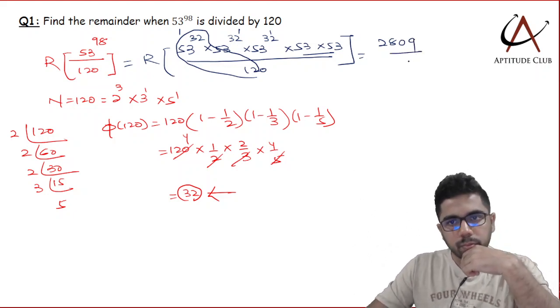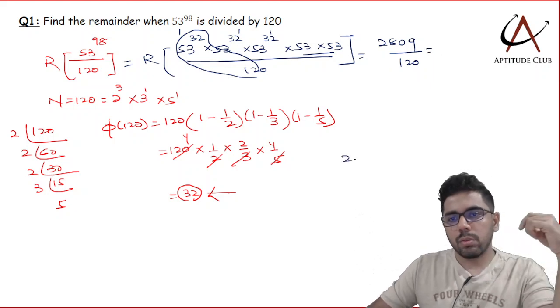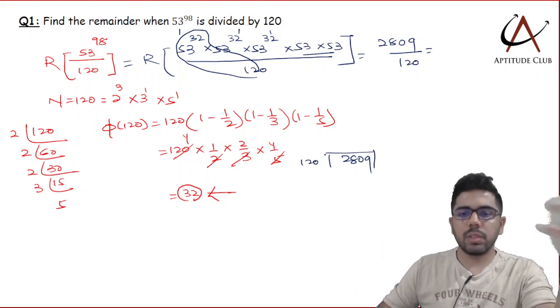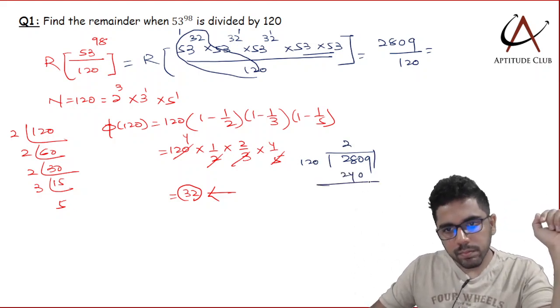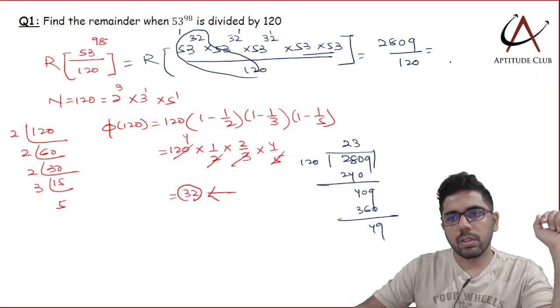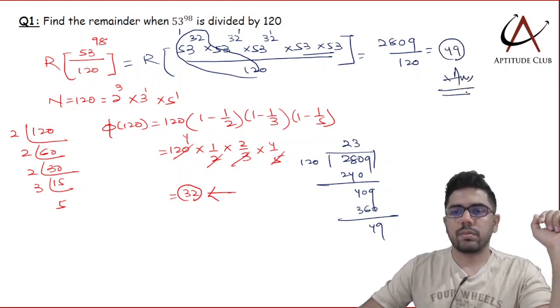So this divided by 120. Whatever remainder comes, divide 2809 by 120, because the remainder has to be less than the divisor. So 120 into 2 is 240, then 409, 120 into 3 is 360, you're left with 49. So that is the answer.